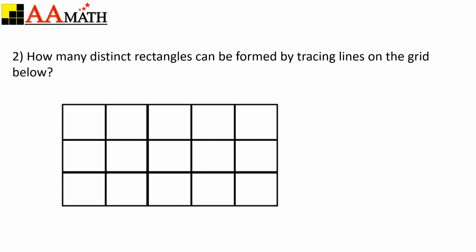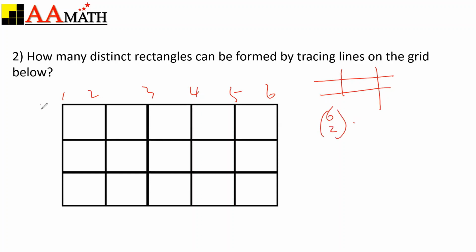Okay, we have vertical lines: 1, 2, 3, 4, 5, 6. Since we want to construct a rectangle from 2 vertical and 2 horizontal lines, the first step for vertical is going to be 6 choose 2.